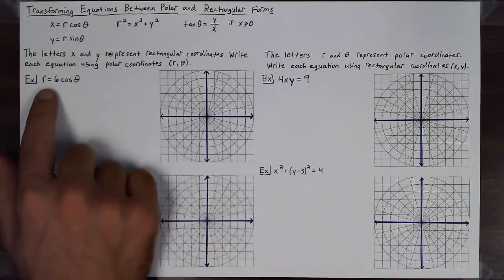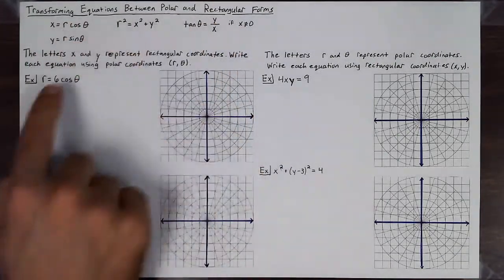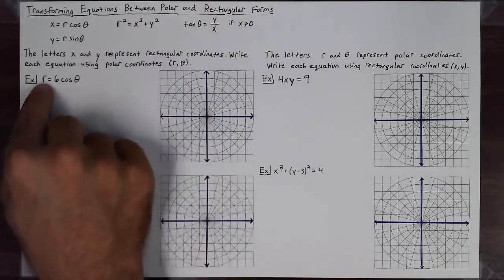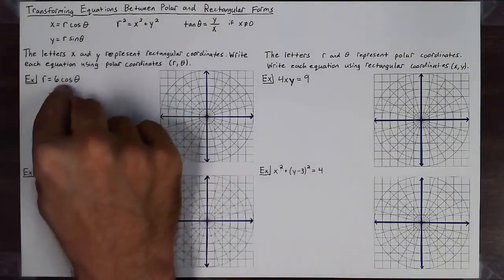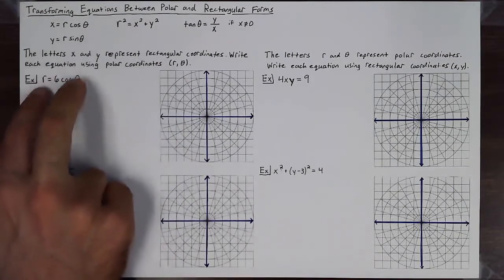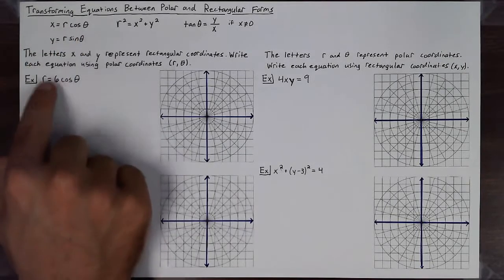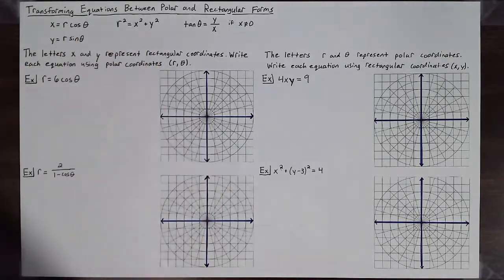So if I wanted to convert to rectangular, I'm going to use all the formulas we've been over so far. I don't see anything just for r, and I don't see anything just for cosine. But if I were to multiply each side of this equation by r, I would get r cosine theta, which is x, and r squared, which is x squared plus y squared.